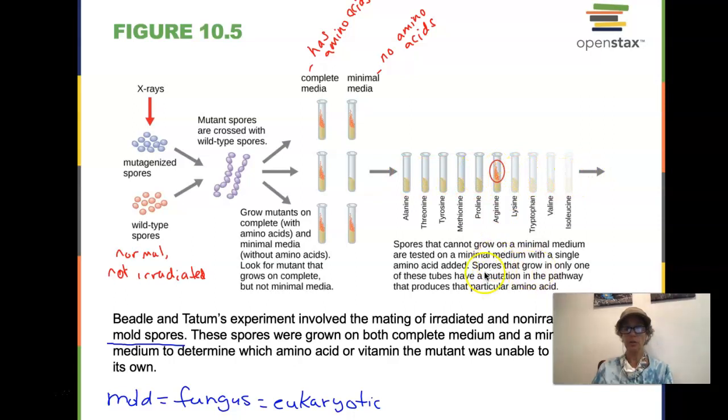And the spores that grow in only one of those tubes have a pathway that produces that particular amino acid. So again, looking at finding where there's a mutation, if they are able to grow in the presence of that one amino acid, we know they've got the enzyme for that one amino acid.